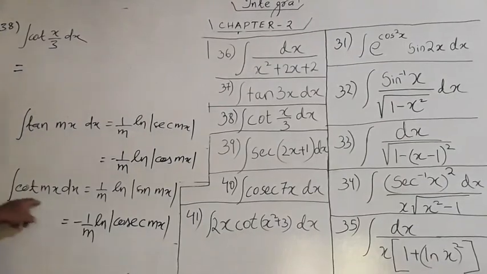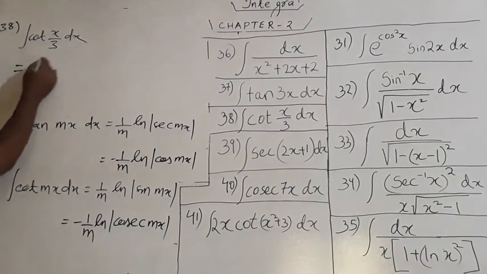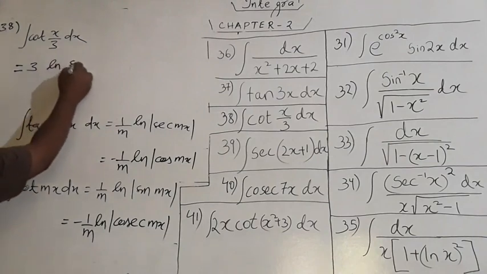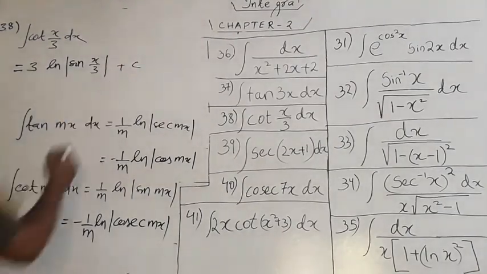And you also know the formula of cot mx, that is 1 by m ln sin mx plus c. Here it becomes 1 by 3 ln sin 3x plus c. Okay?